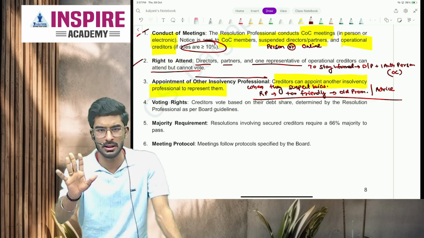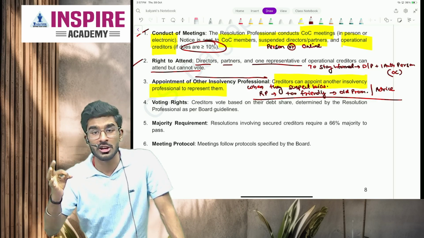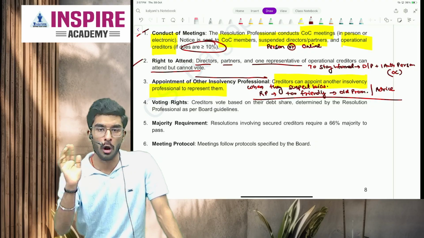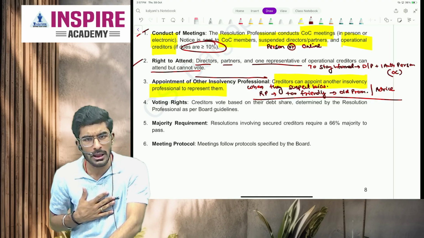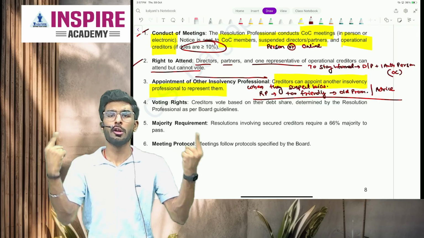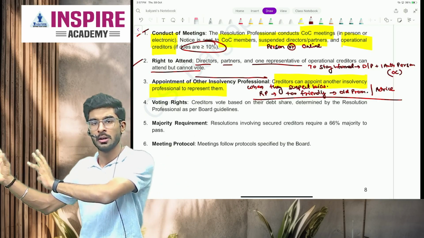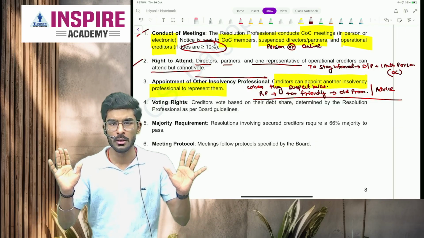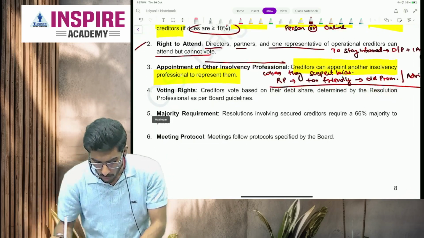Basically, the insolvency professional will just give advice to the committee of creditors whether to vote or not vote. Simple. If I don't have knowledge, if I think the person before me is making a fool out of me, I'm going to appoint an expert who is going to act on my behalf. Very, very simple. Yes or no, people? Very easy.